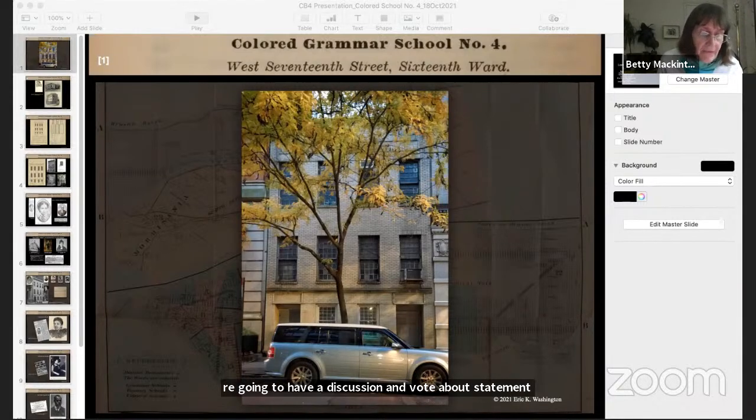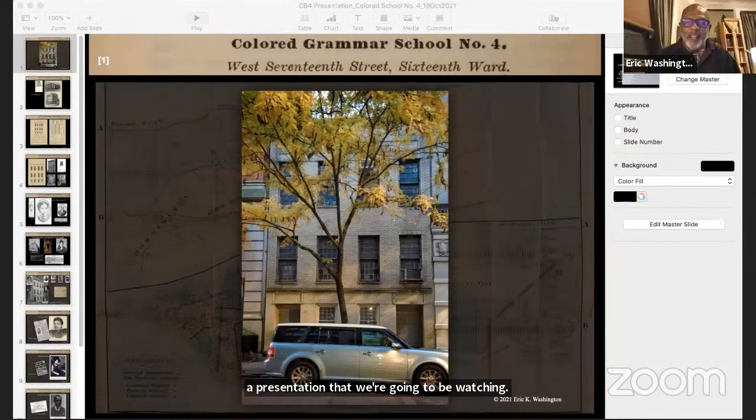And then we're going to have some old and new business, in particular, a discussion about 9th Avenue and West 14th Street historic row houses. So without further ado, we're going to move to Eric Washington, who is going to introduce himself further and has a presentation that we're going to be watching.